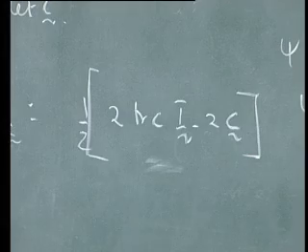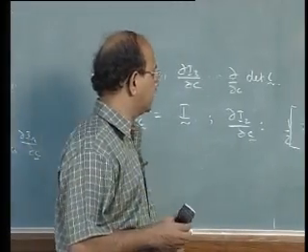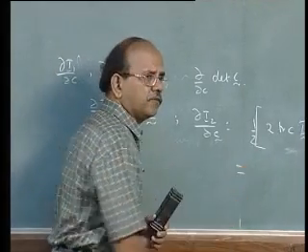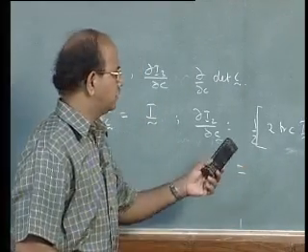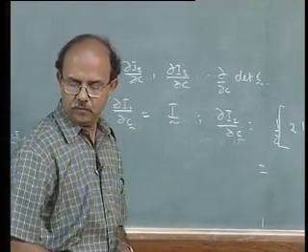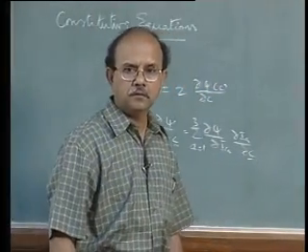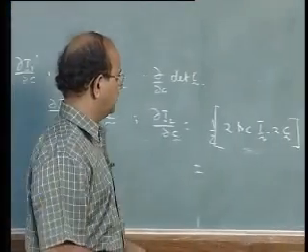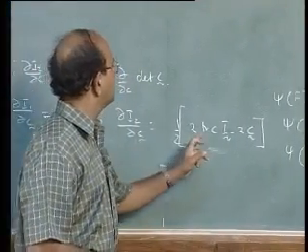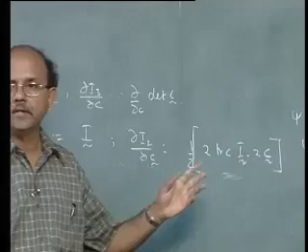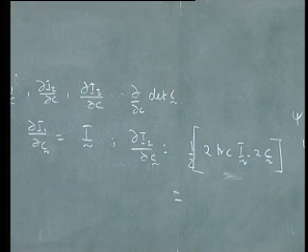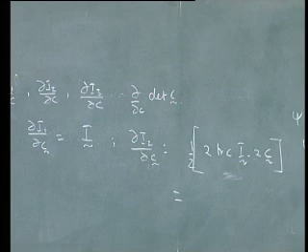This of course can be written in a slightly different fashion. Dou I2 by dou C can be written as I1 I minus C. The most important thing is, hey, is that correct?